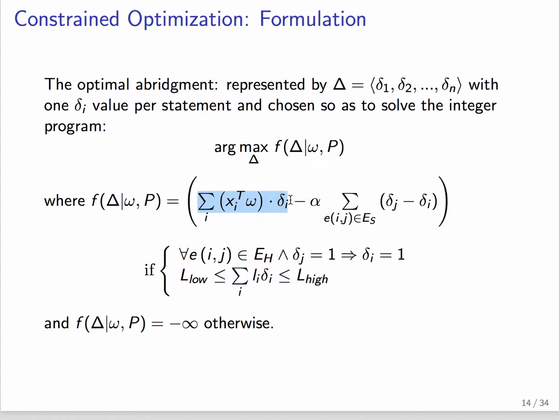This part includes all the information in the kept statements, and this information should minus the penalty term because those soft constraints are violated.